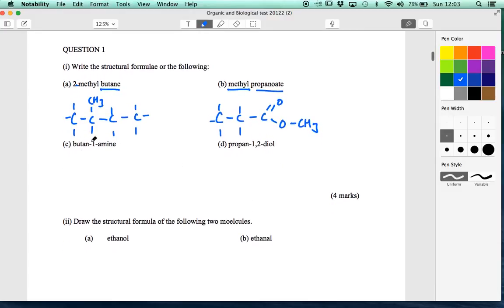Butane 1-amine means I've got a butane molecule, which is 4 carbons, and I've got an amine on the end. And propan-1,2-diol. Propan is 3 carbons, and 1,2-diol means I'd have 2 hydroxy groups on the first and second carbon. Again, finish off with your H's.